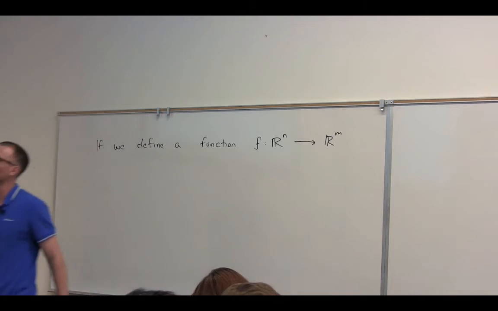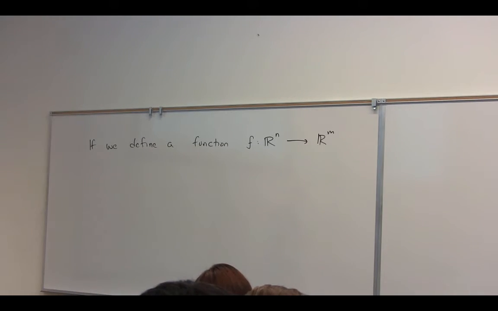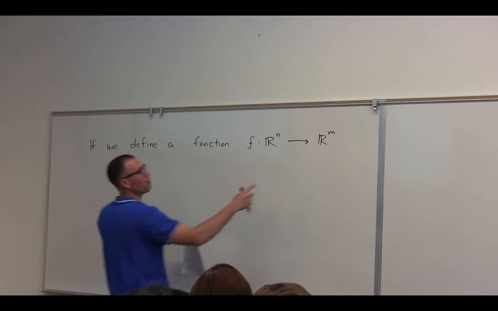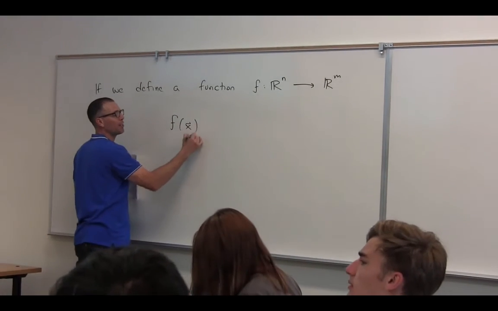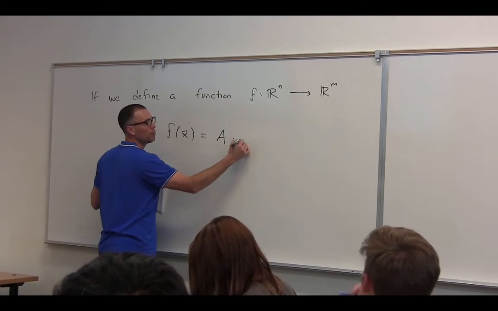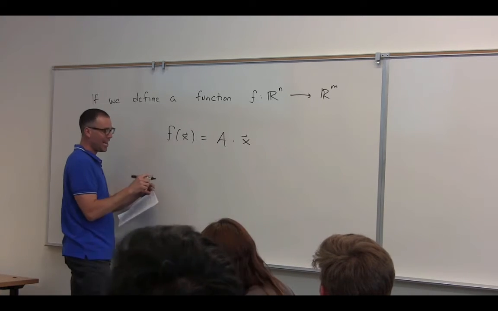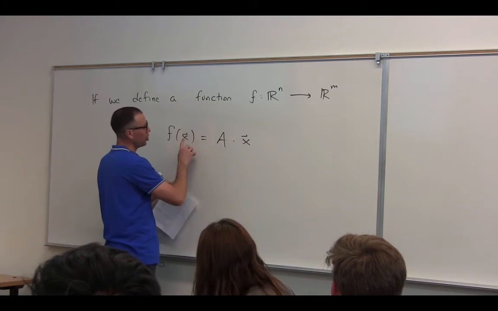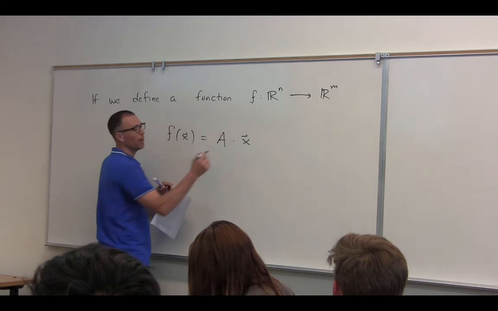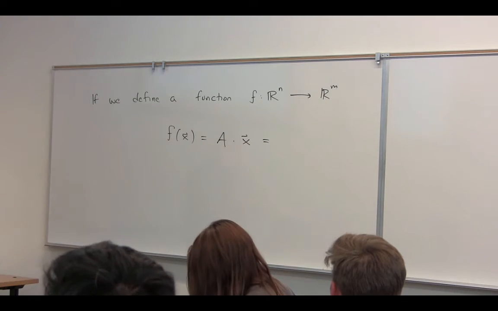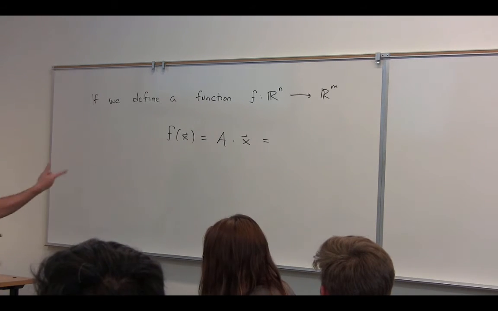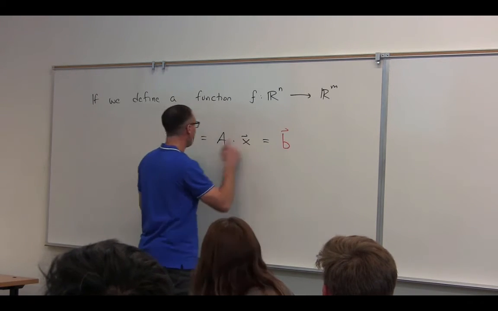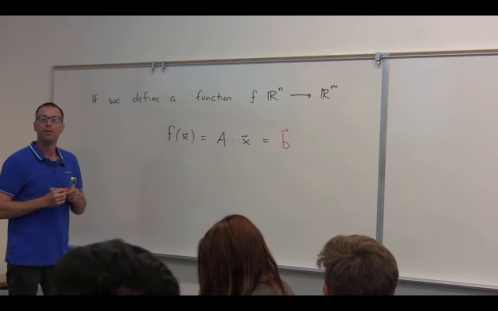Don't worry about that. What size is my vector x? N by 1. What size is my vector b? M by 1. So the thing that we take in is the vector x. And then what we do is we multiply that vector x by our matrix A. So the matrix defines a function on n input variables. In this case, we think about the matrix vector multiplication as a forward problem because we literally are doing what we call function evaluation. We're evaluating this function at this input.